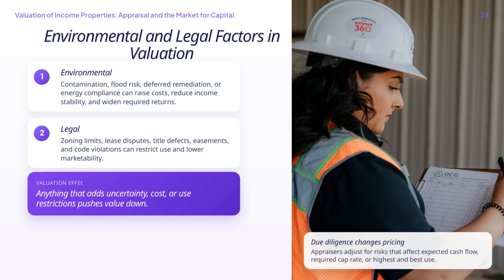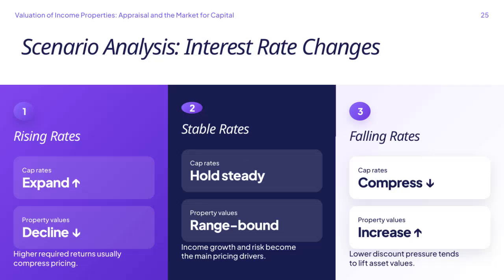Let's look at how changes in interest rates impact the valuation of income properties through scenario analysis. First, when rates are rising, we generally see cap rates expand, which means they go up. This typically leads to a decline in property values because higher required returns push prices down. Next, in a stable rate environment, cap rates tend to hold steady within a certain range.